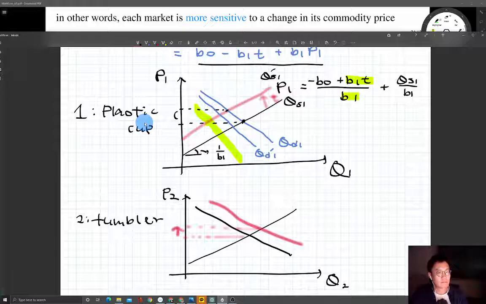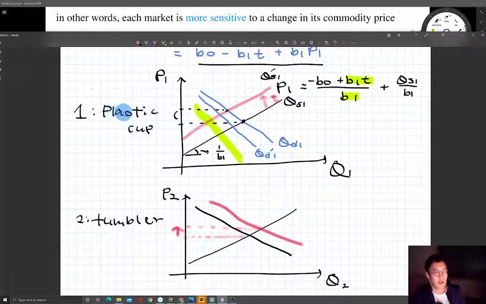Then the clerk says due to an environmental tax, they have to impose an additional 50 cents on every use of a plastic cup, for example. Then you may look for a tumbler instead of using this plastic cup, but the tumbler price also goes up by $10, for example.